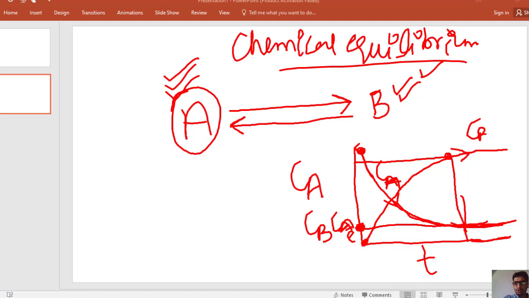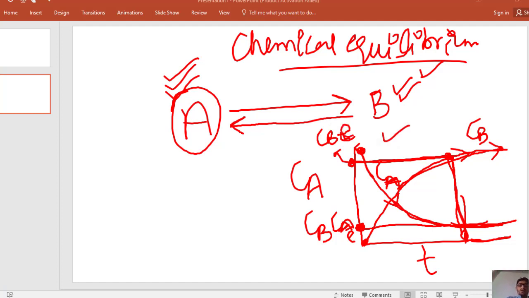This graph shows the concentration of B, and this is CBE, the equilibrium concentration of B.